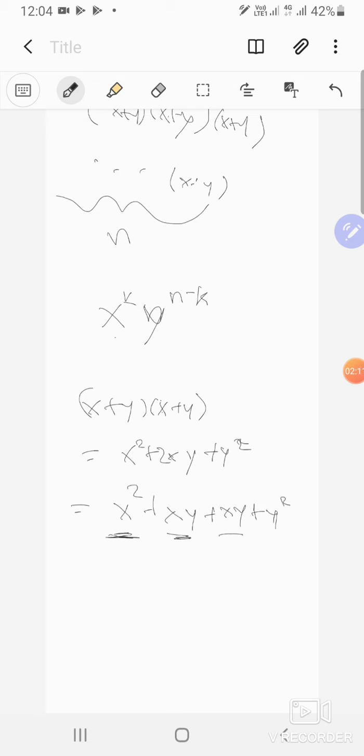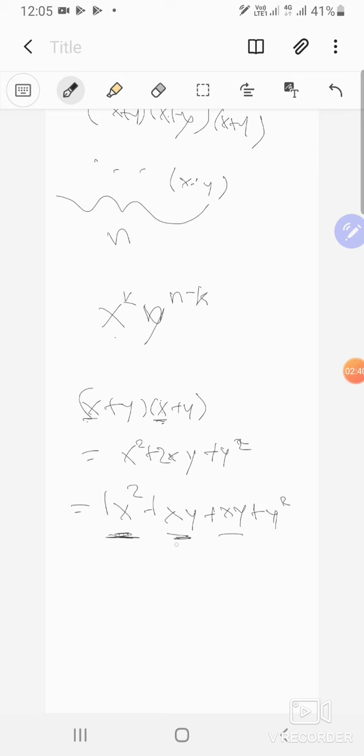Okay, if we consider these terms, then I want you to understand that if we want to generate x squared, the only way we can do that is by multiplying two x's together, and in these two brackets the number of ways in which we can multiply two x's together is just 1, and that's why the coefficient of this x squared is 1.